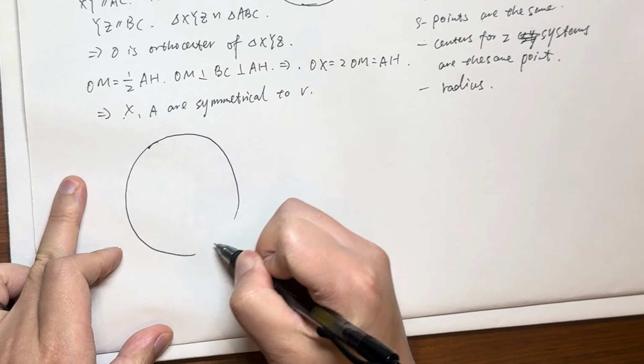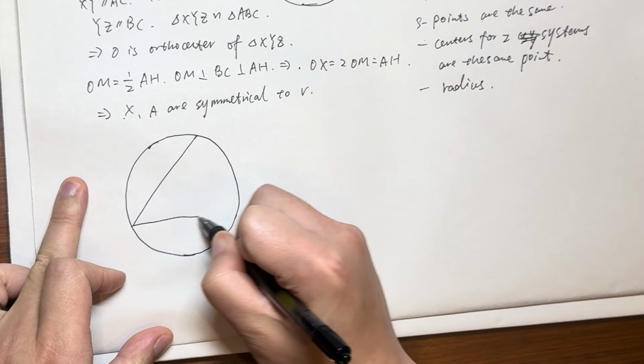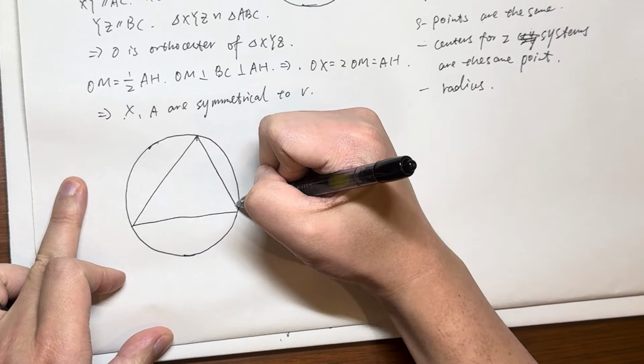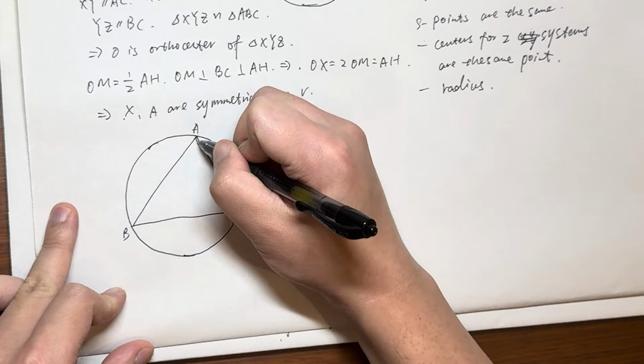orthocenter, so let's see, we have a triangle here, and we draw the circumcircles of this triangle. We find the orthocenter.